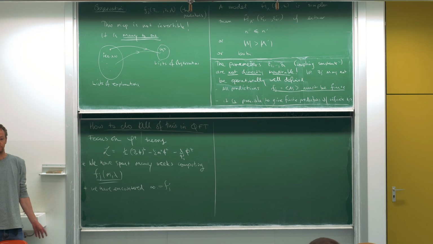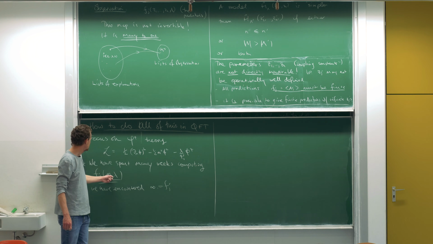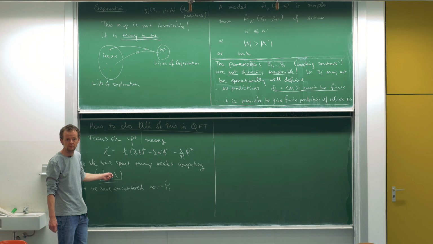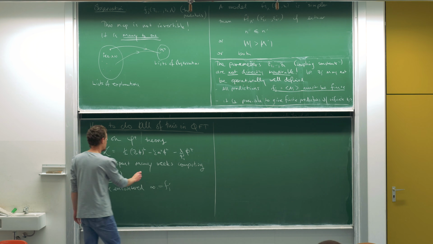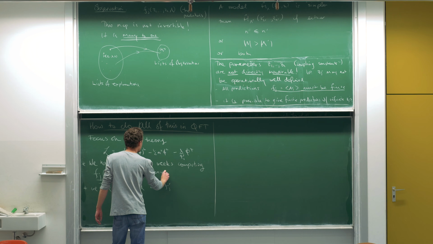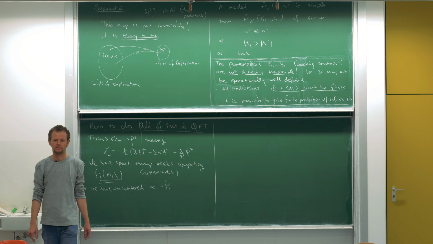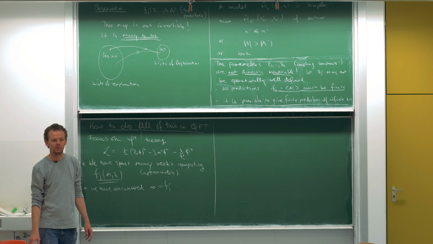Well, point the first: we've spent many weeks computing this, but not exactly, approximately. Could be that just our approximations are wrong. We're getting infinities because we're just doing wrong things.